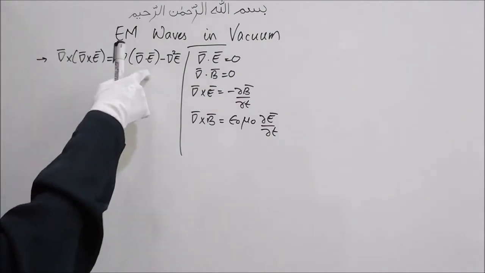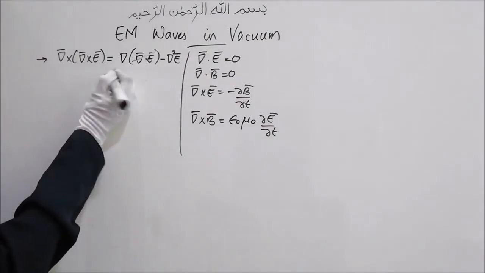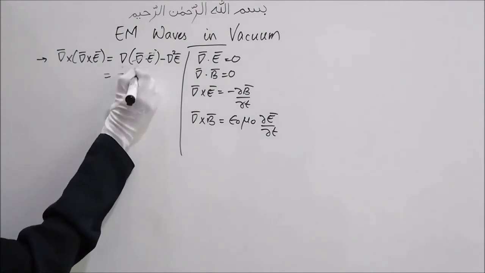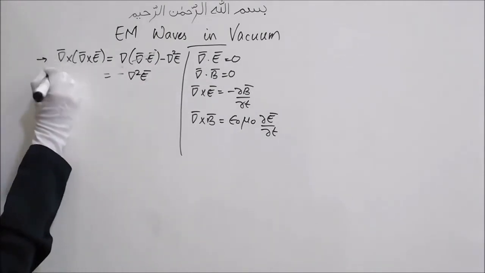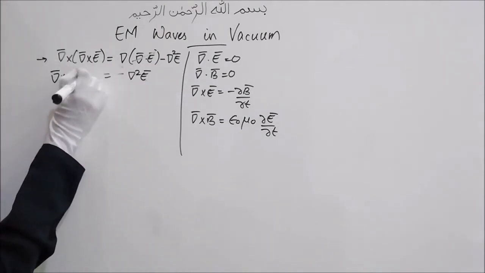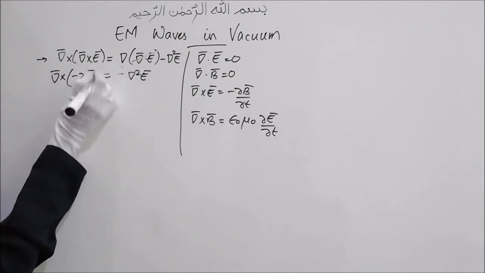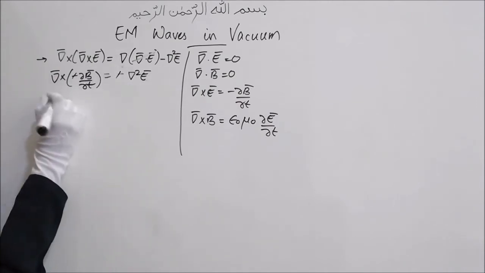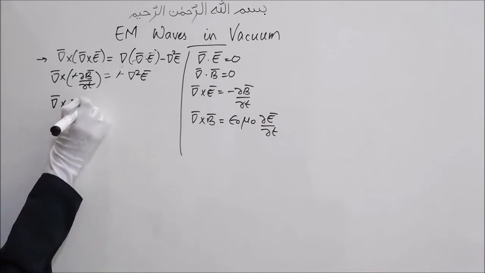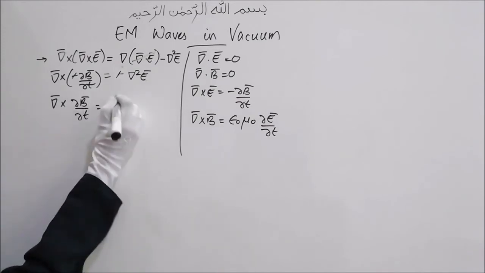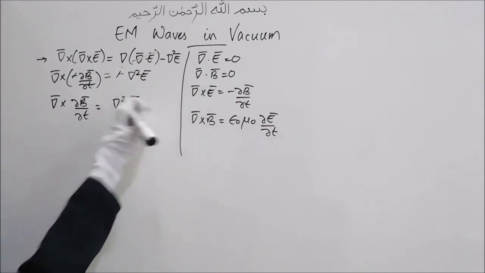Now del bar dot E bar is 0, so this goes, and we have only minus del squared E bar here, and this is nothing but del bar cross minus del B bar by del t. Minus and minus cancel. We will have del bar cross del B bar by del t is equal to del squared E bar.